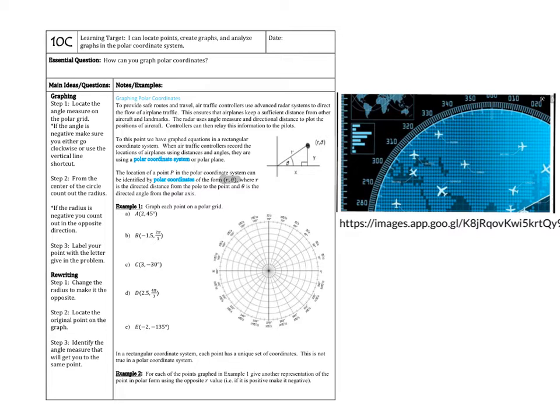For us, it says directed distance from the pole, and that just depends on what situation you're in, but we are going to be using our origin. So basically the radius, how far are you from the origin? And then the angle, the second number in the coordinate, is going to be the angle from the axis, which in our case is the x-axis, which is called the polar axis.